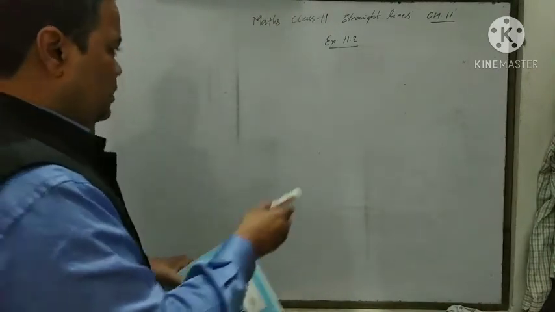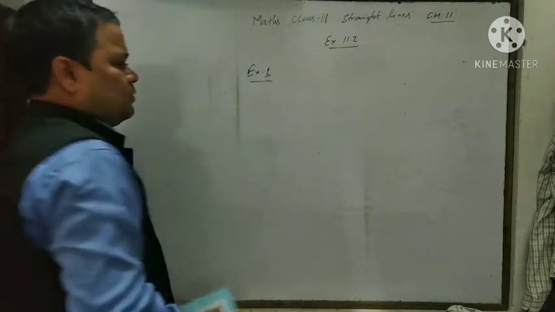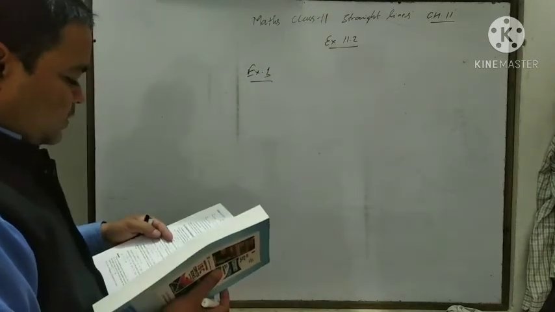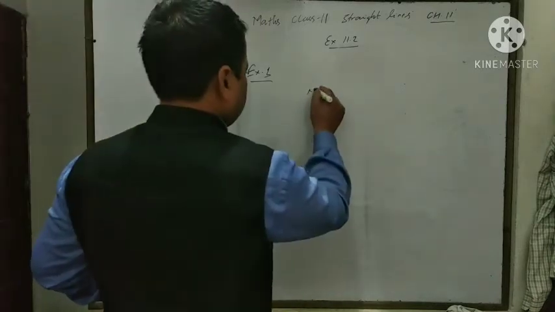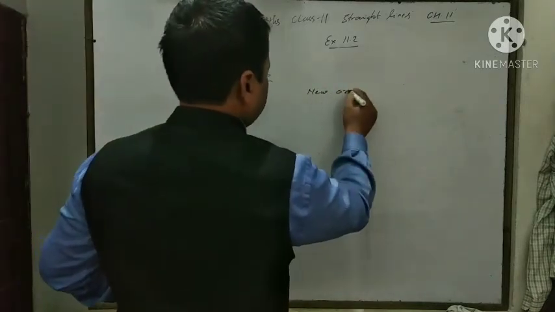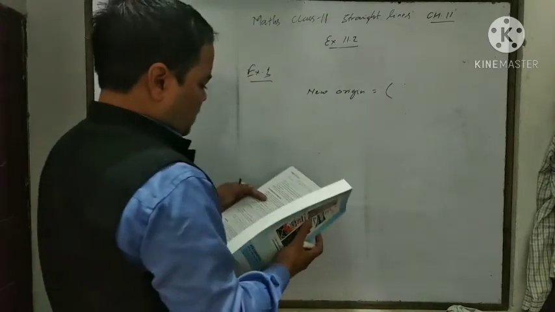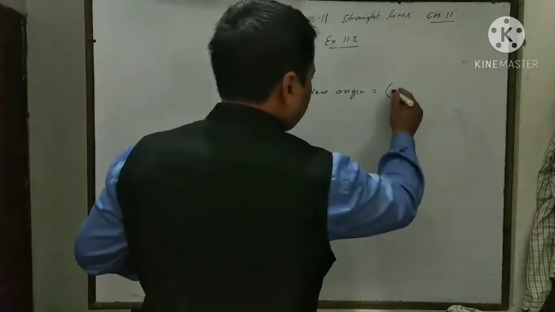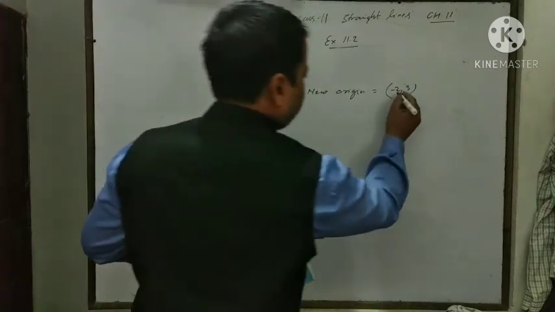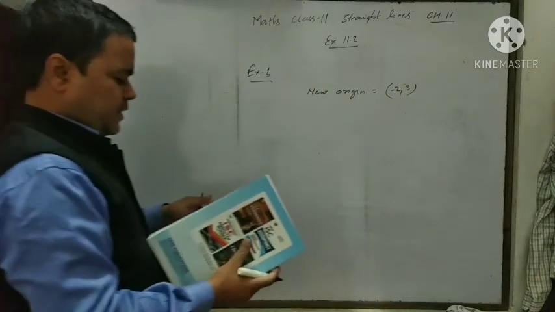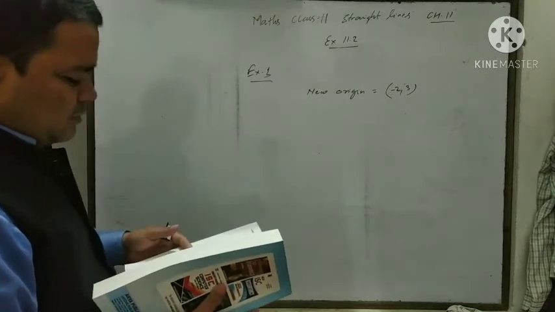Here, example first. Very simple thing. Shift the origin to the point, the new origin. Here, the new origin is given, that is (-2, 3). What will be the new coordinate of the point?